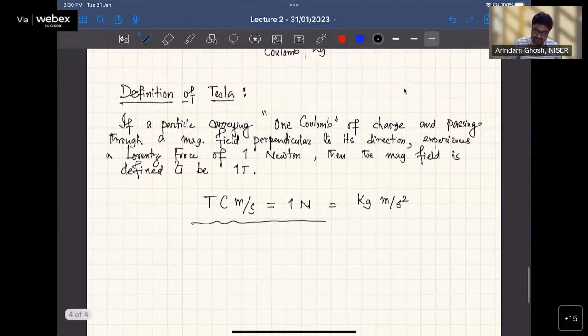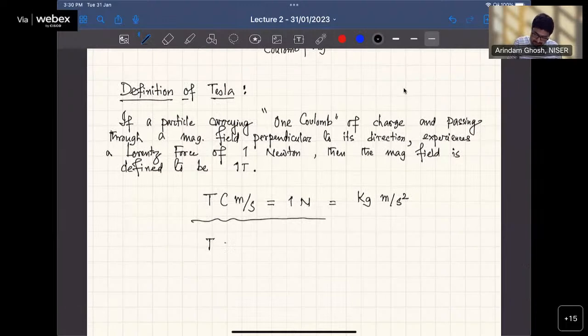If we equate these two, I find that the Tesla becomes equal to kg meter per second square multiplied by second multiplied by 1 over coulomb into meter. So altogether we get kg divided by second and coulomb.